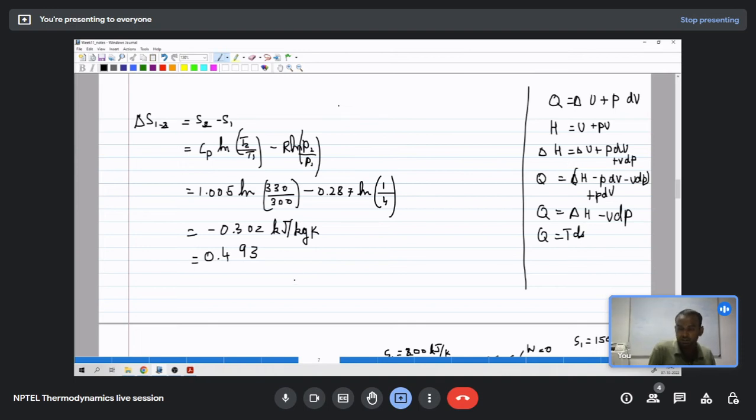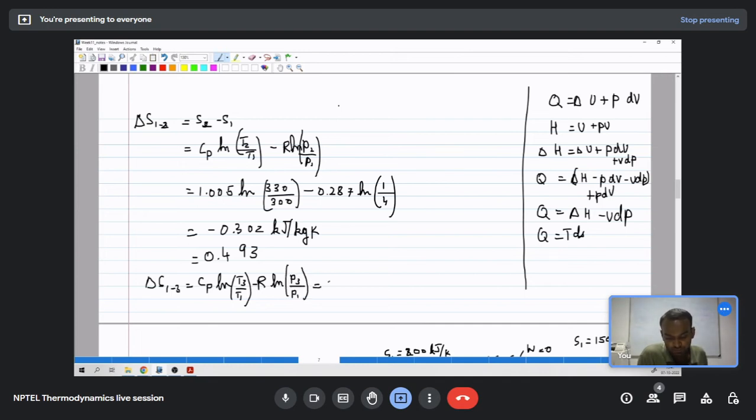Okay, so for the first stream we have calculated the entropy change is positive, which is 0.493, and similarly for delta S 1 3 we have Cp ln of T3 by T1 minus R ln of P3 by P1.